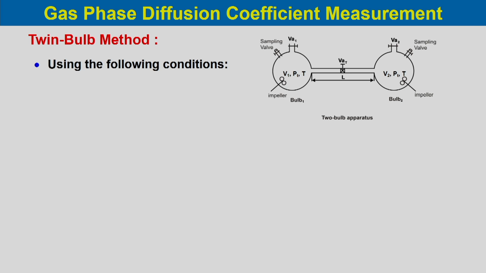Now, use the following conditions: at t equal to 0, PA1 minus PA2 would be P0, the initial value. The second boundary condition is that when t is equal to t, PA1 minus PA2 would be equal to PA1 at t minus PA2 at t.